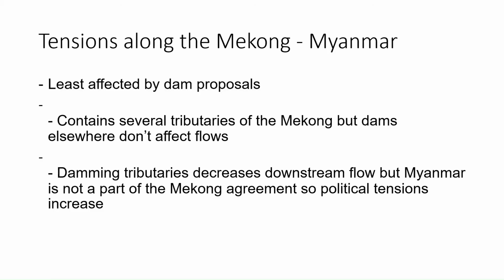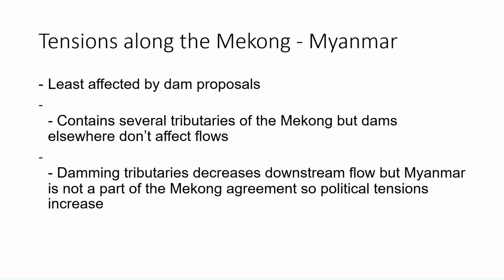They're actually least affected by dam proposals, and they contain several tributaries of the Mekong, but people building dams won't really affect the flows through Myanmar. However, if Myanmar were to dam the tributaries, which are just other sections, little rivers that sprout up from the main river, and if they dam these tributaries, they will reduce downstream flow.